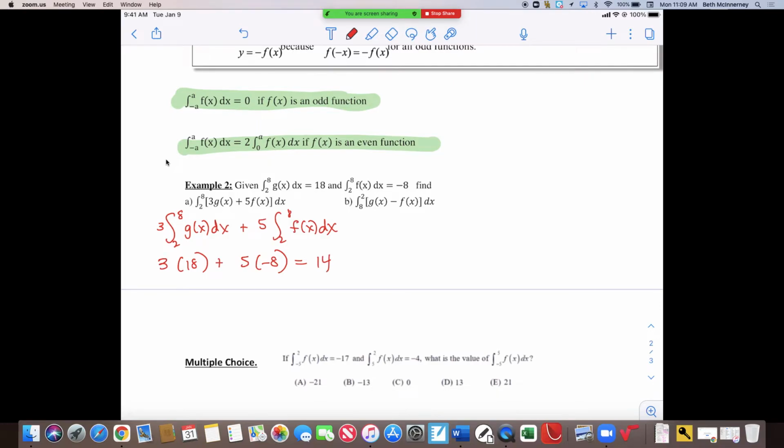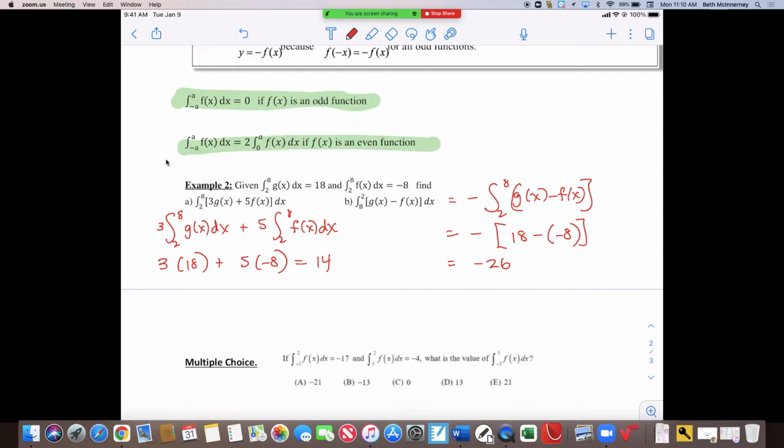Yes, good. All right, then in letter B, what's the problem with this one? Yeah, they're backwards. So we're going to put a negative out front. And if it is as straightforward as this one is, you can jump here. And I got negative 26.